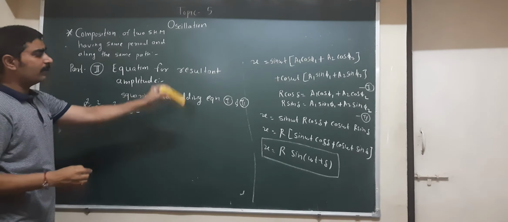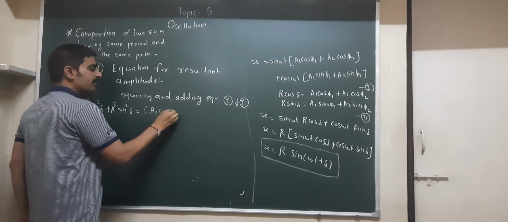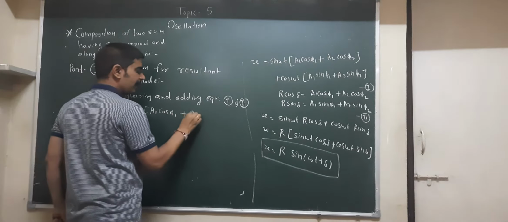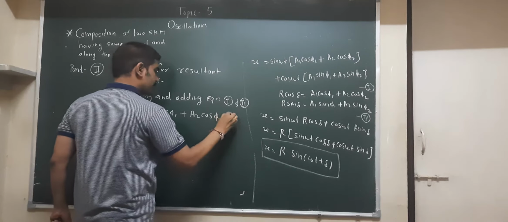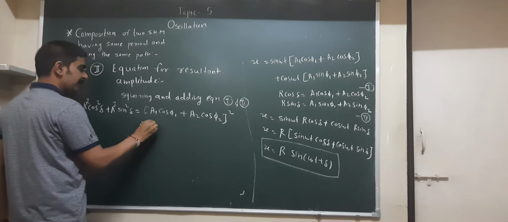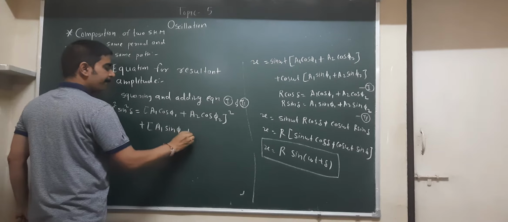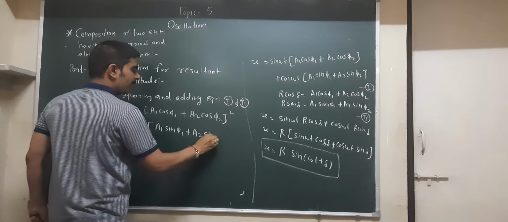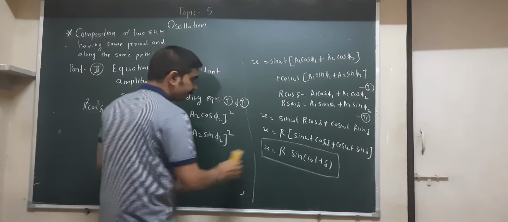What is the value of cos delta? a1 cos phi 1 plus a2 cos phi 2, bracket square, plus a1 sin phi 1 plus a2 sin phi 2, bracket square.